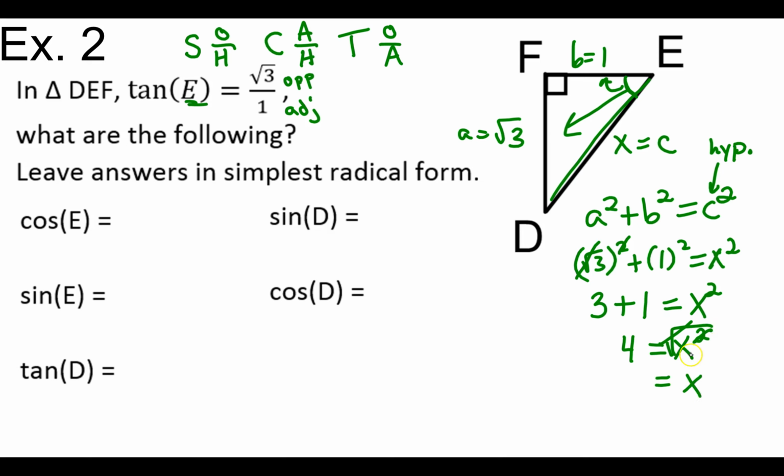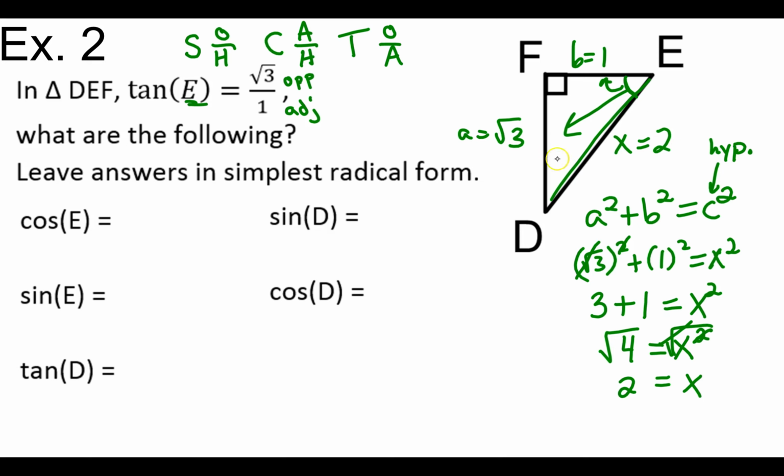But if I took the square root of this side of the equation, I need to take the square root of the other side too. Now the square root of 4, hopefully you guys know, is 2. So that means that our x value, this side DE of the triangle, needs to be 2.